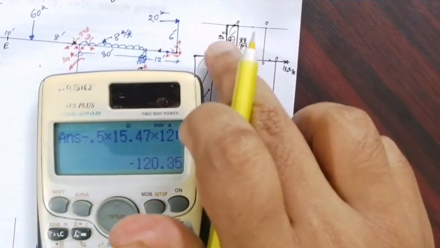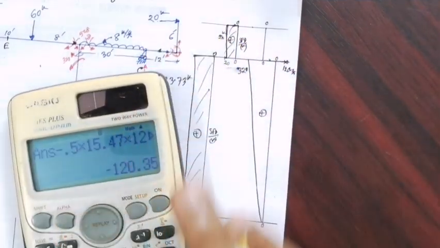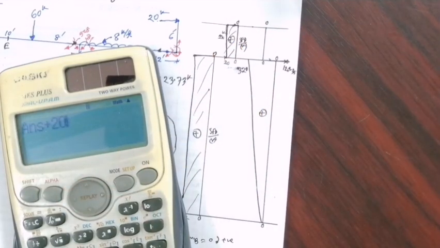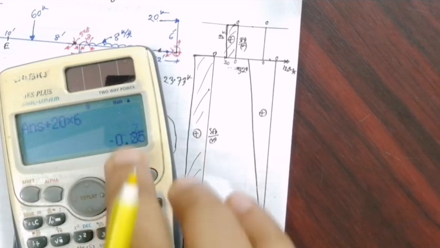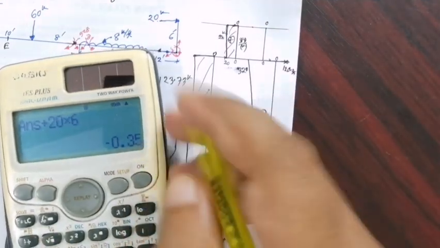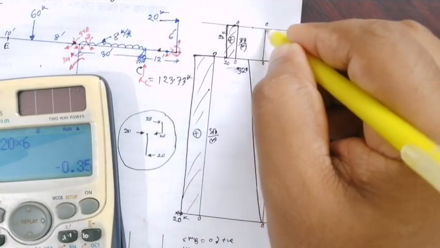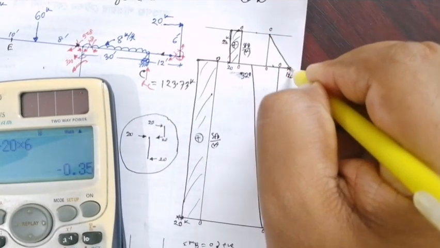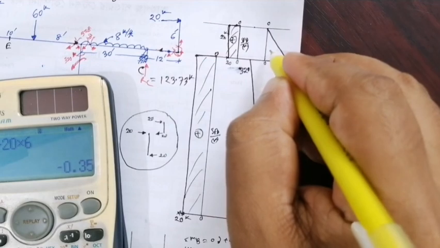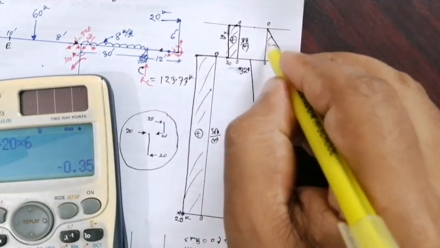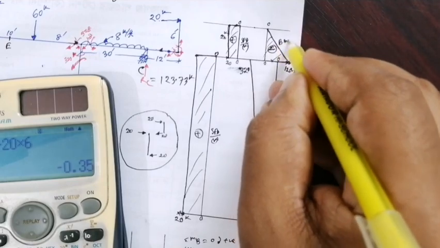Now the shear force is 20 and the distance is 6, so this is plus 20 into 6. Assume here it is 0. So this is for the BMD.